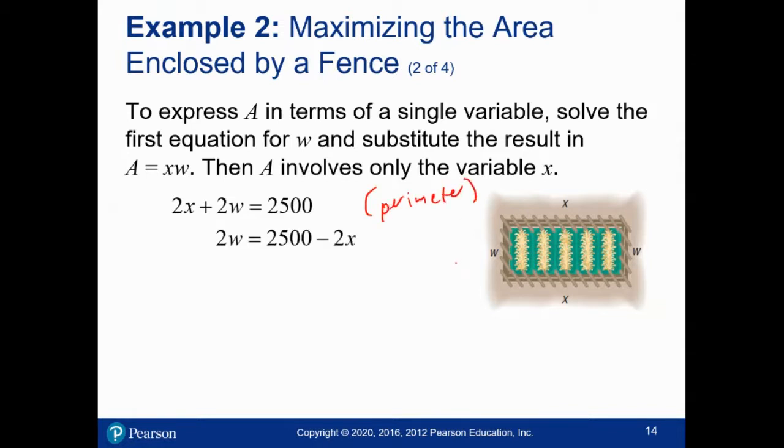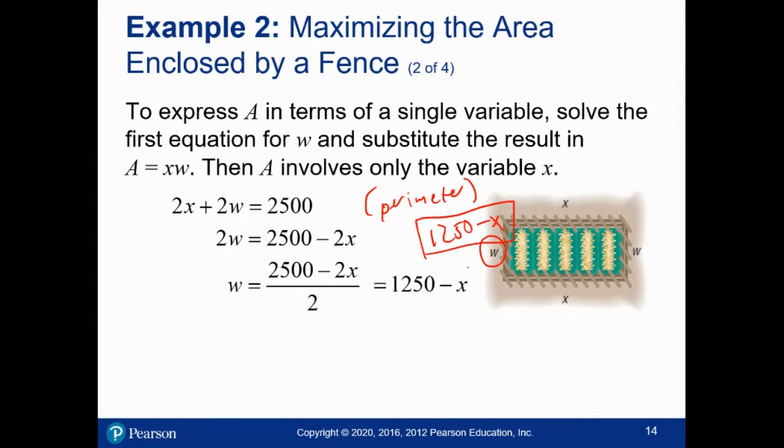I can subtract the 2x and divide by 2 to get that w must be 1,250 minus x. So now I have not two variables, x and w. We have a single variable, x, and then the other side length must be 1,250 minus x.